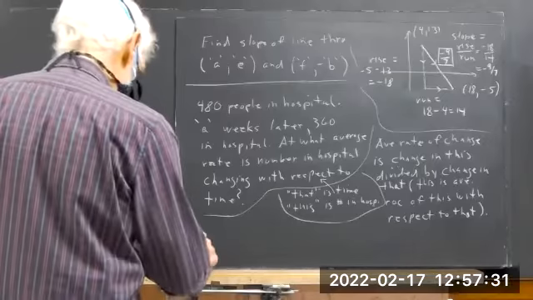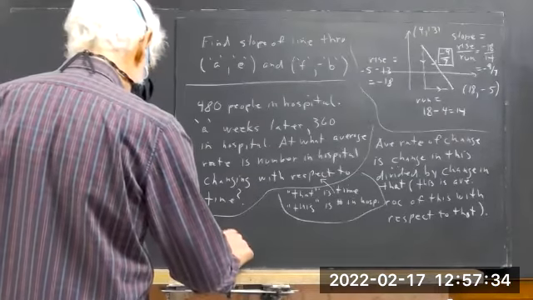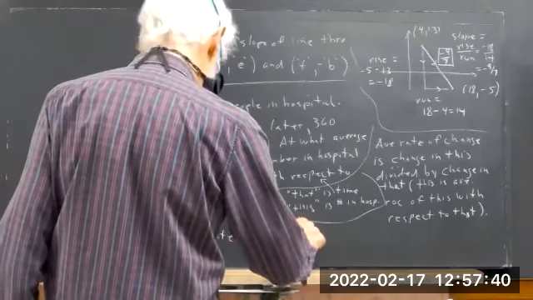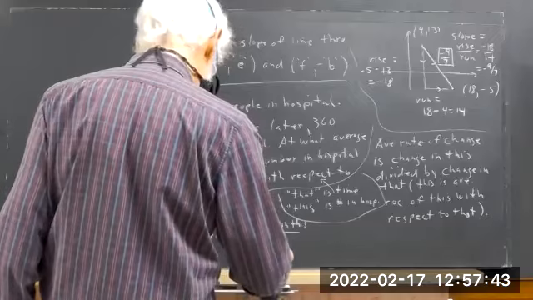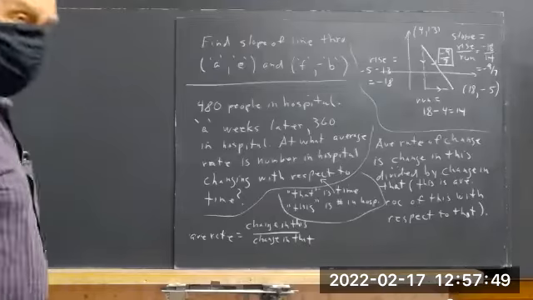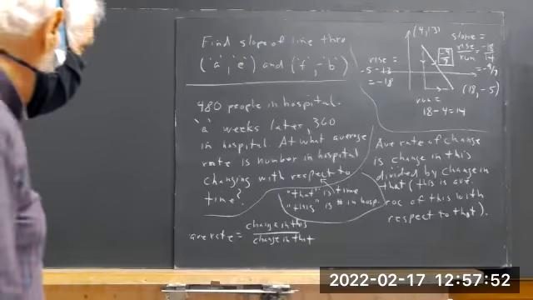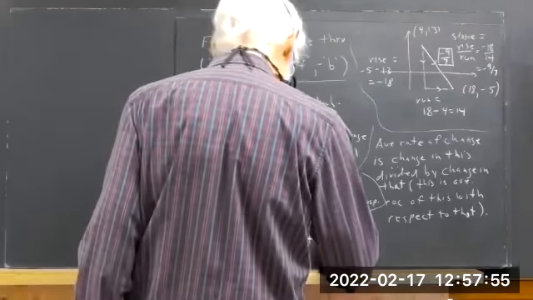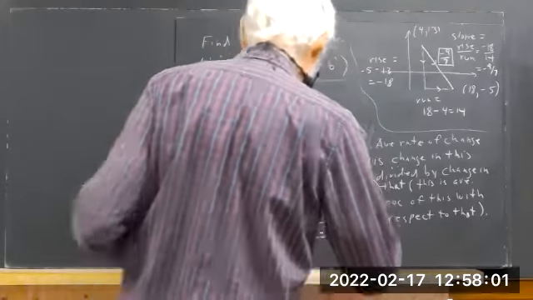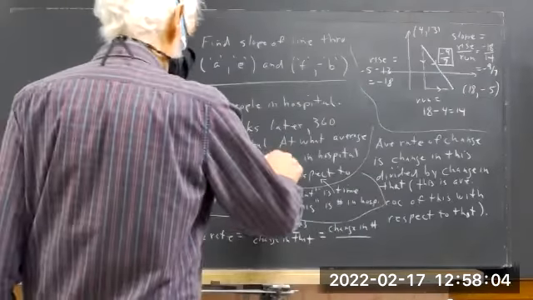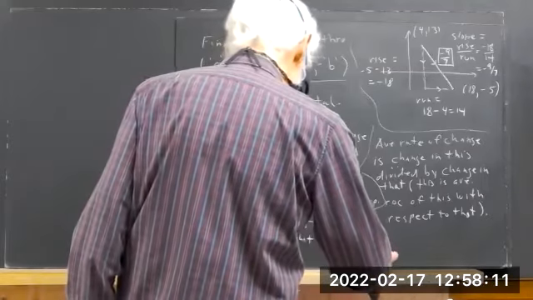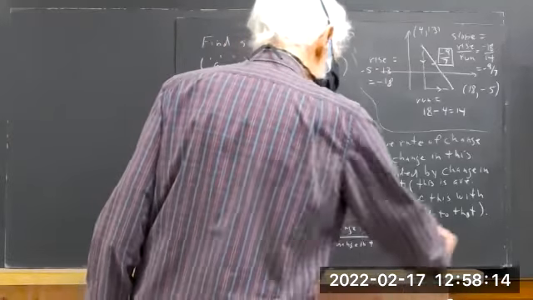So now average rate of change is the change in this divided by the change in that, okay, which is change in the number in the hospital, use pound sign for the number, divided by change in time.